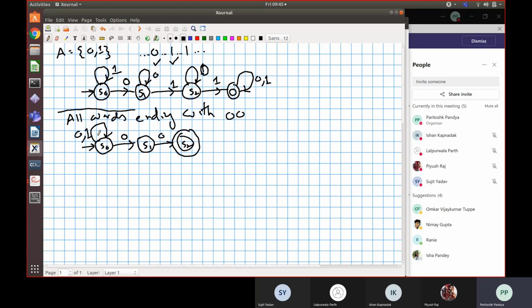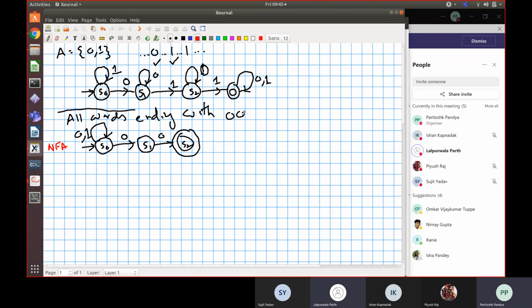So somewhere where the letters are occurring, you keep skipping them till at some point you get a 0, and you guess that this is the second last 0. Okay, so this is an NFA recognizing all words which end with 00. Any confusion here?